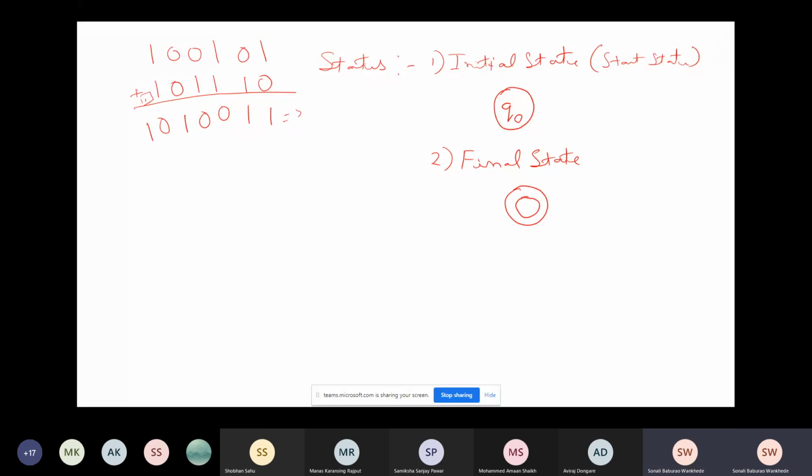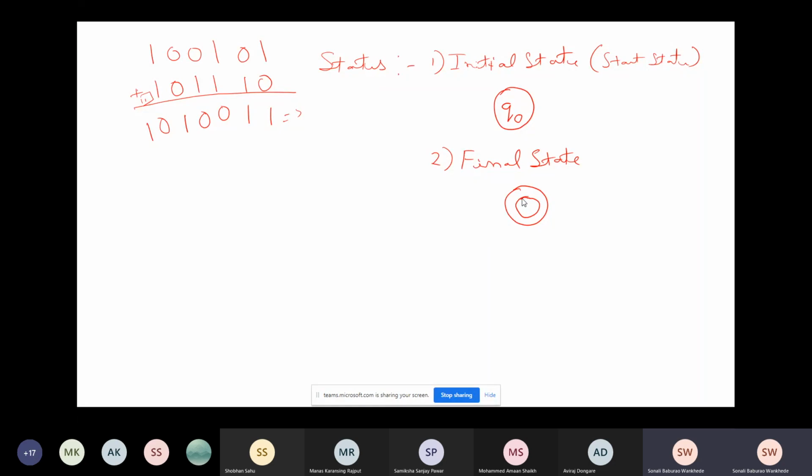Now we will see some important topic. I hope I'm audible, right? Yes, ma'am. Just remember that there are two types of states: initial state and final state.